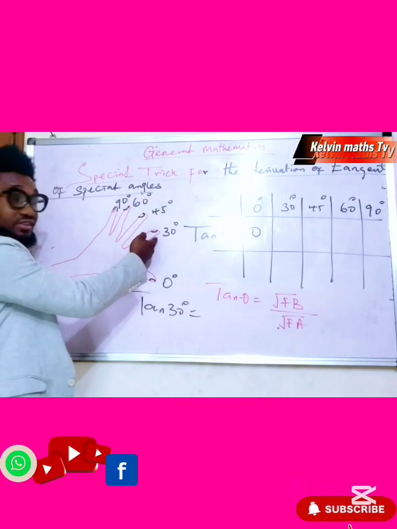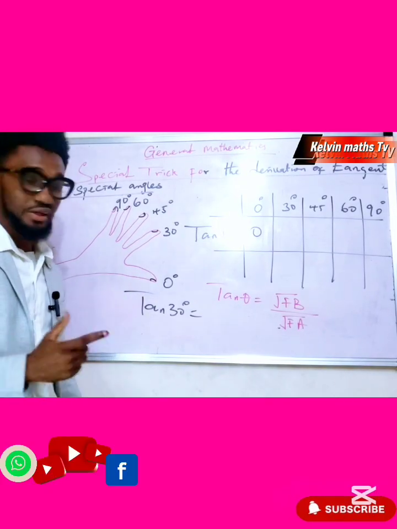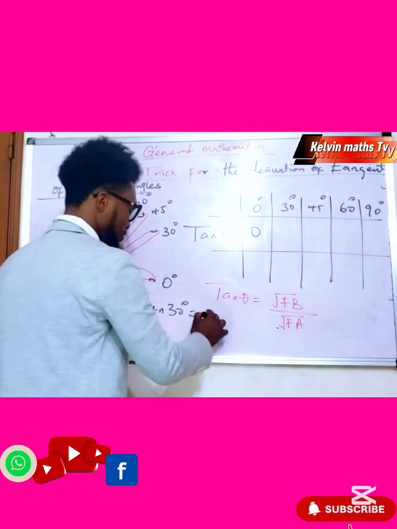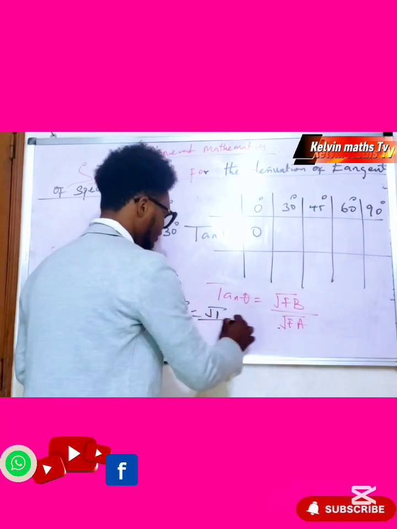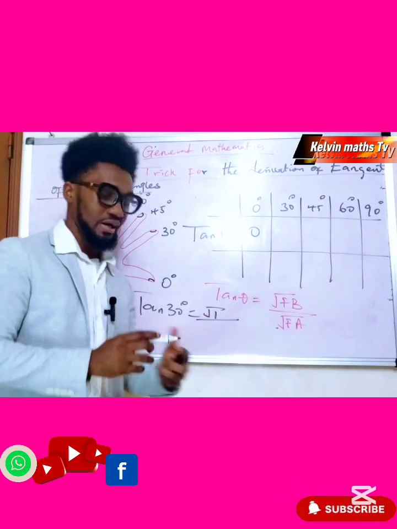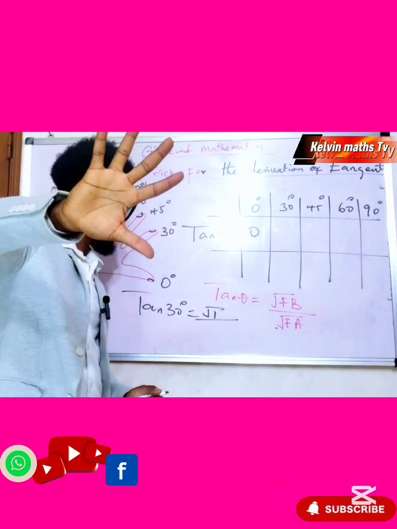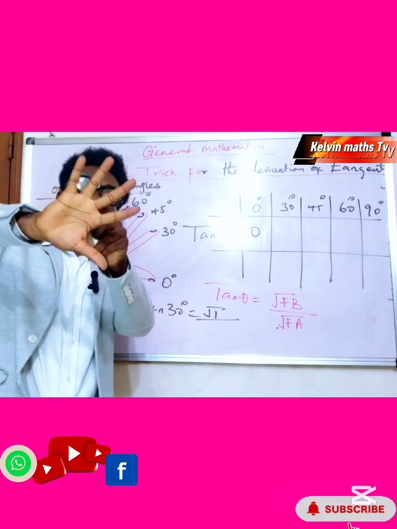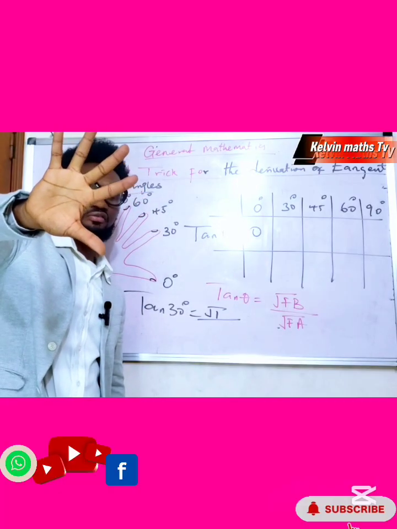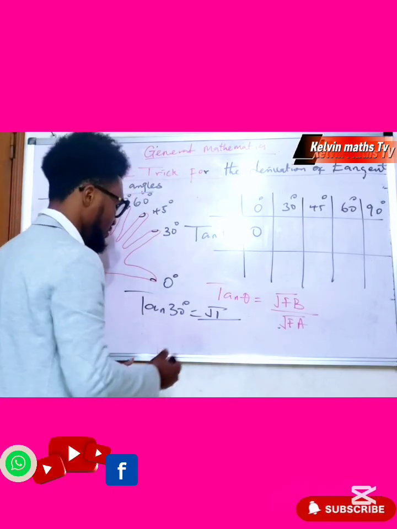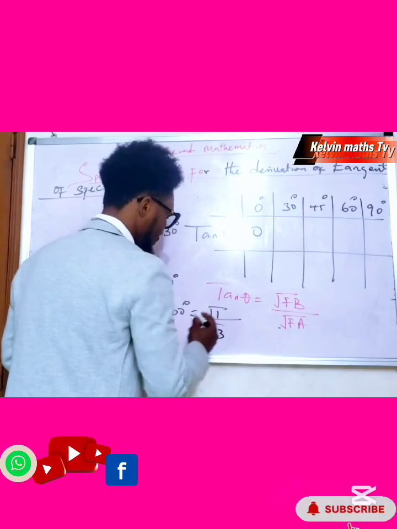This is 30 degrees, with 1 finger below it. So we consider the square root of 1, divided by the fingers above. Now look at it. This is 30 degrees. How many fingers above 30 degrees? 1, 2, 3. That is 3 fingers, right? So we consider the square root of what? 3.